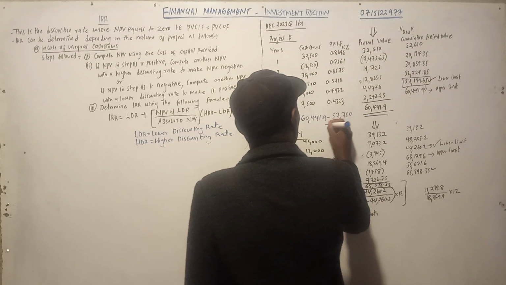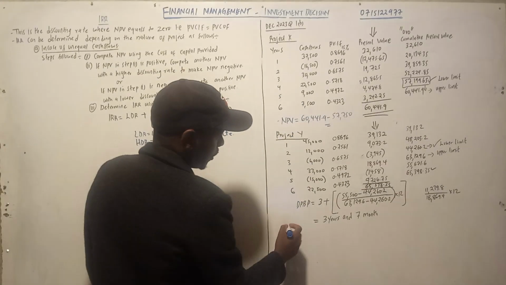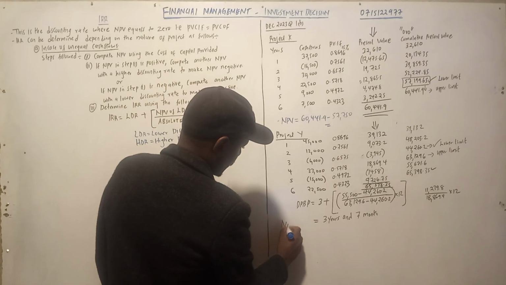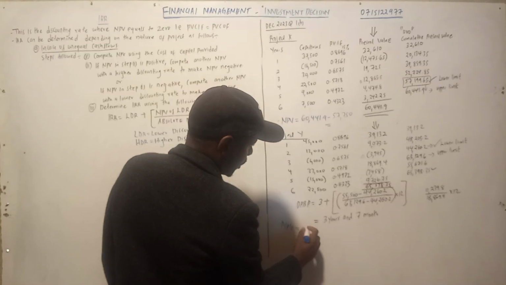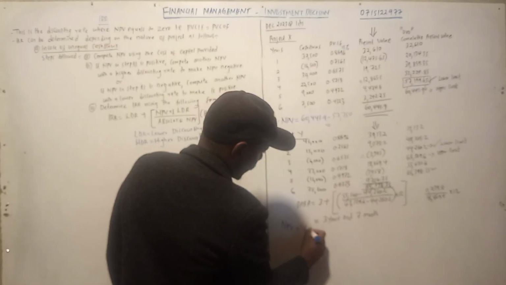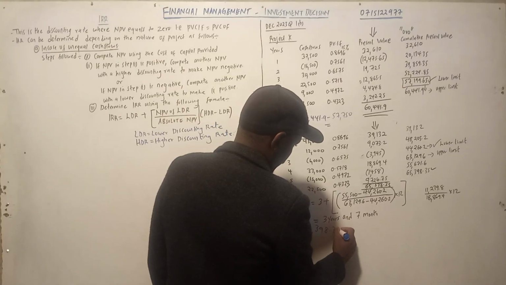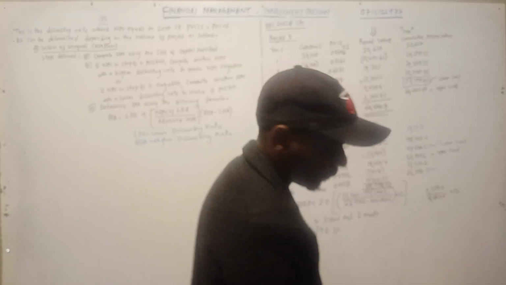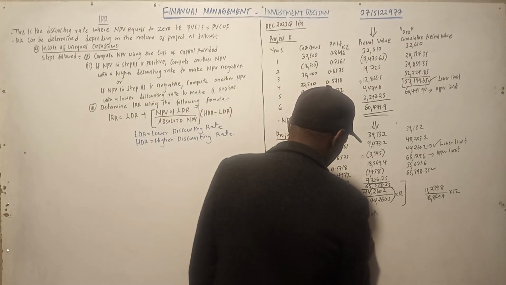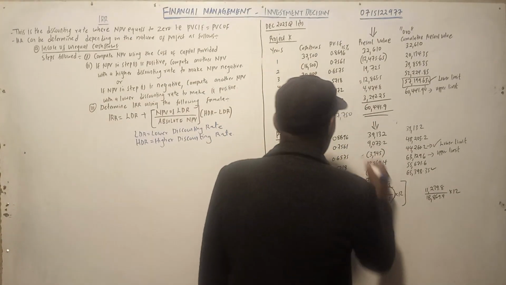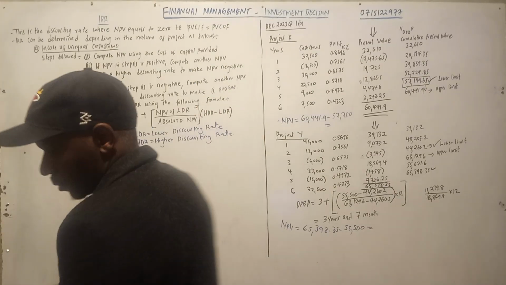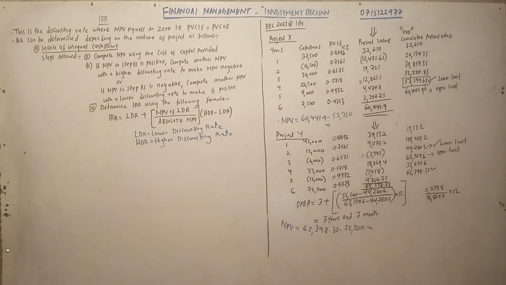Haya, na huu mwingine NPV ilikuwa ni 65,398.35 minus the cost ni 55,500. So we need those two first.